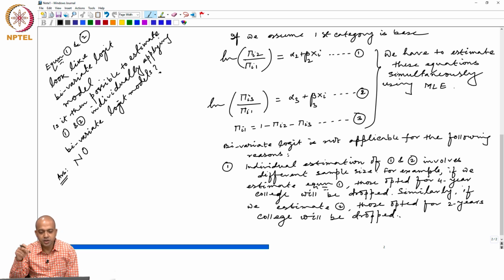Here we said that 2 is for 2-year college, 3 is for 4 years college and 1 is for no college. So estimation of these equations individually involves a different sample size, which is actually not desired. That is the first reason why bivariate logit is not applicable in this context.